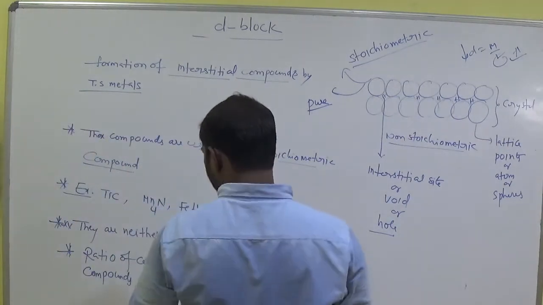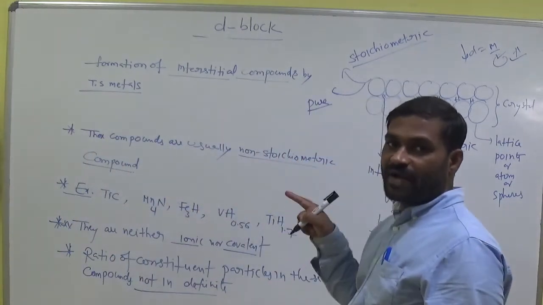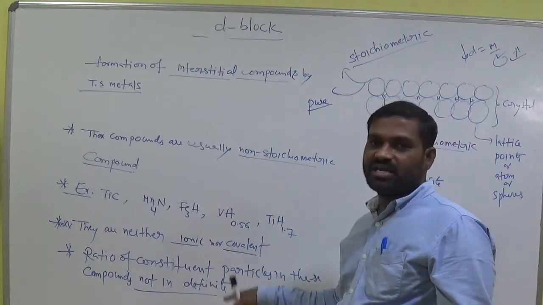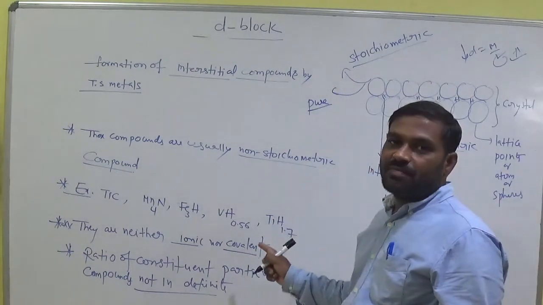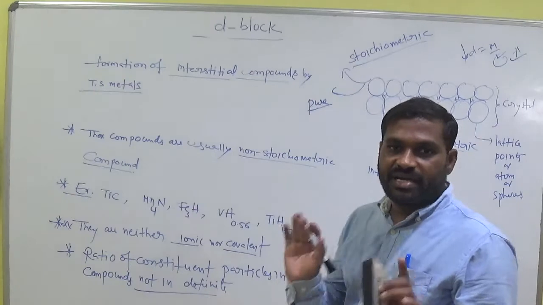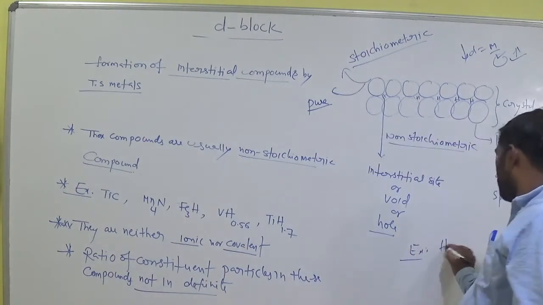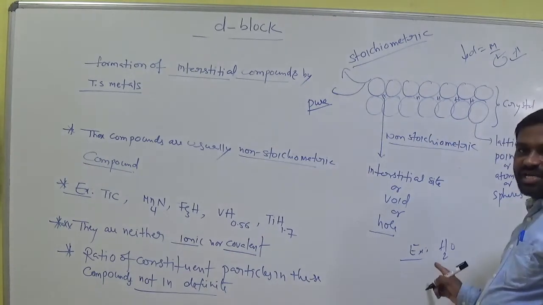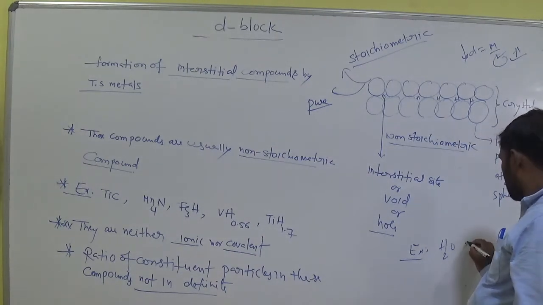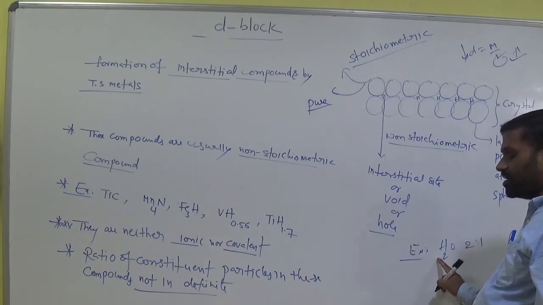For example, what is the meaning of this one? The ratio of atoms or constituent particles in interstitial compounds is not in a definite manner. For example, H2O. What is the ratio of hydrogen and oxygen here? 2:1. That means 2 hydrogen atoms, 1 oxygen atom.